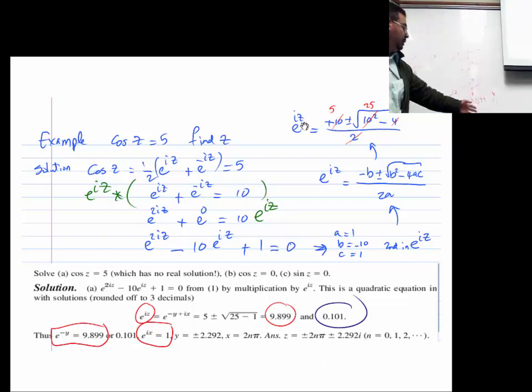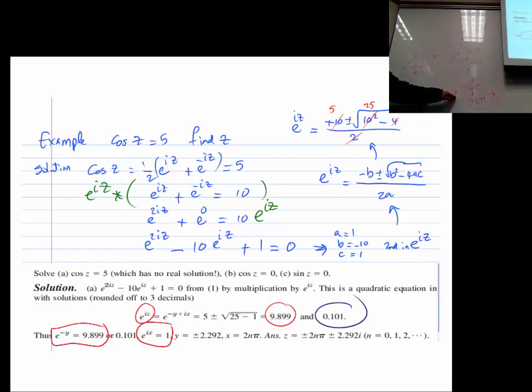So, good. That's the polar coordinates. What's missing is that this guy also needs to be in polar coordinates. I need to be able to see r e to the power i theta here. I see e to the power iz. I want to turn this into magnitude and angle. So let's bring the x and y out of the z.